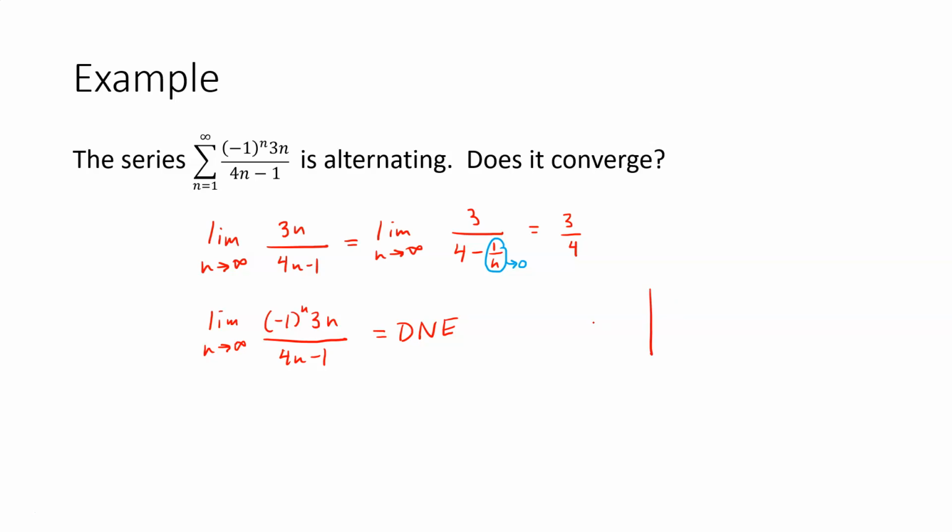If we can imagine, the terms are getting closer and closer to 3 over 4, so some of them are getting closer to positive 3 over 4, some of them are getting closer to negative 3 over 4.